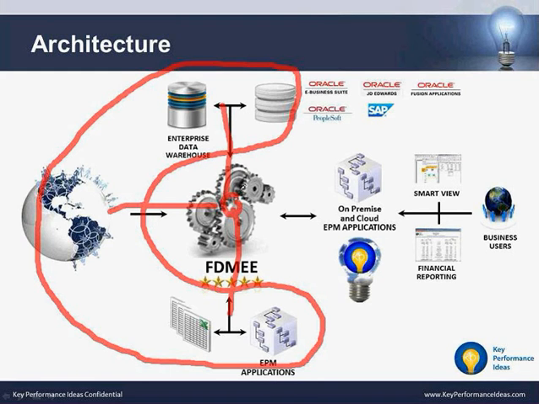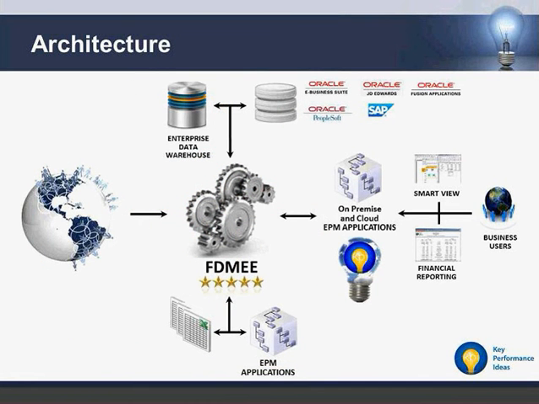Once this all comes in, a transformation happens here. That transformation is really your mapping that gets churned up, logic can get applied, and then there's a final validation right before it's exported into either your on-prem or your cloud-based solution. From that point, the administrative action is really data validation. So you send it off to your accountants or your controllers and make sure everything is in place there.